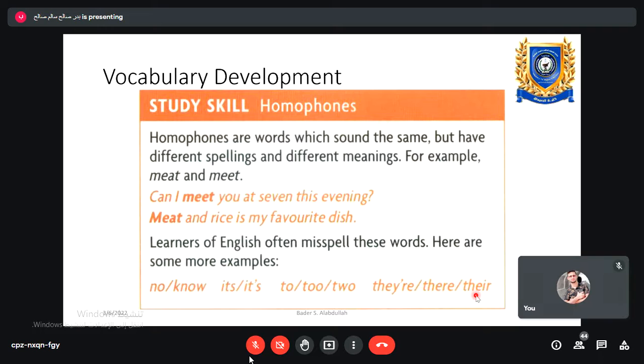And the last one, they're, is a contraction or short for they are. As you may know, we have subject pronouns and object pronouns, and this is the object pronoun. Their is the possessive, they're is short for they are, and there refers to a place where something is or something happened.